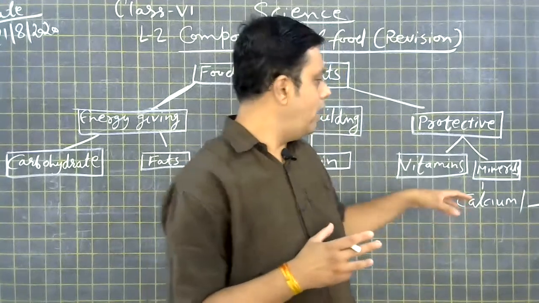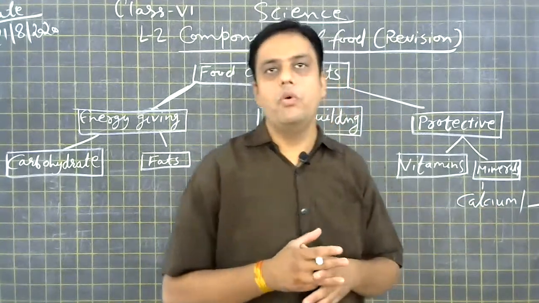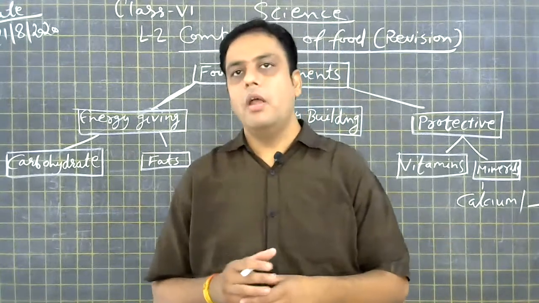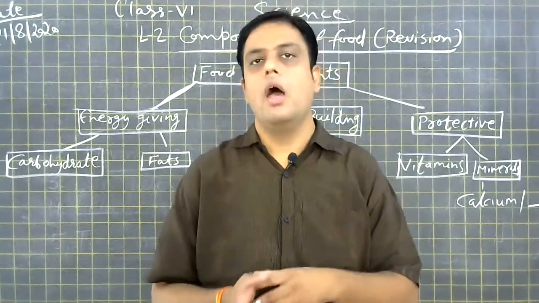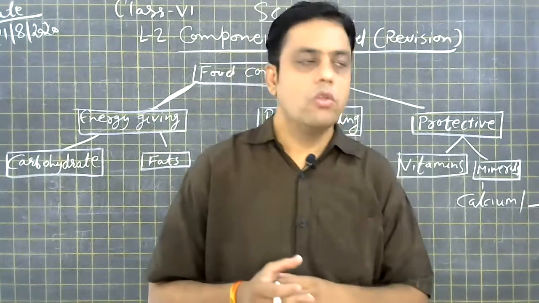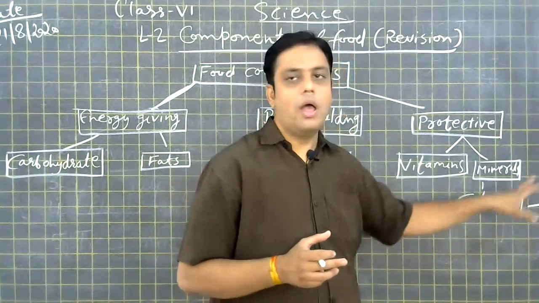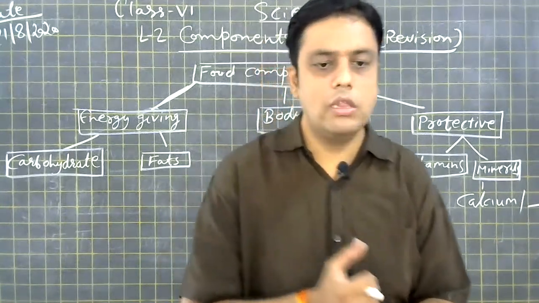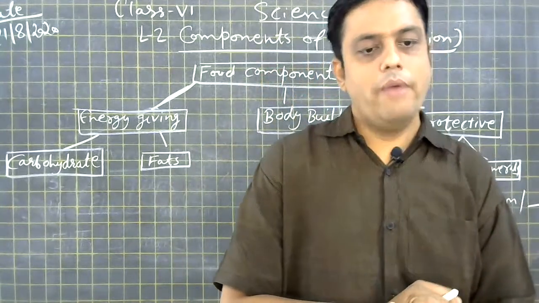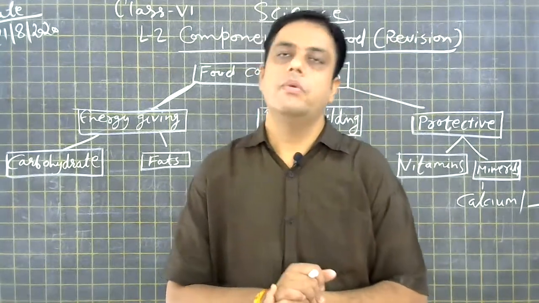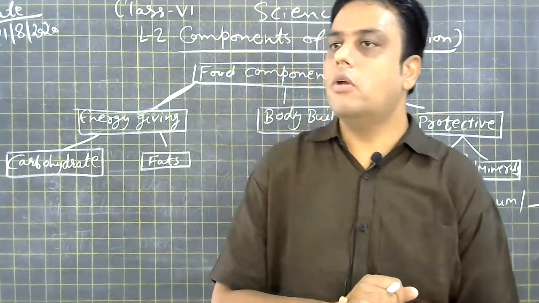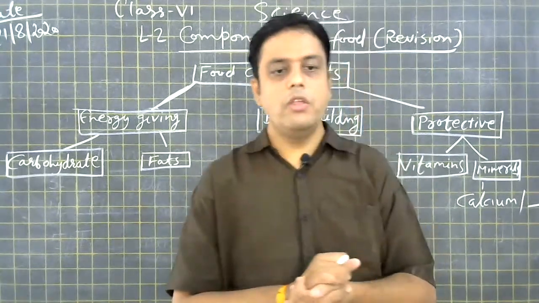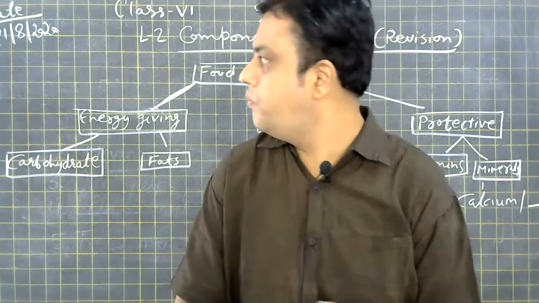If there is less calcium in our food, what happens? Our bones will be weak, our teeth become weak. So we need calcium for our bones and teeth. And we get calcium from which foods? Write in your comment box. We get calcium and phosphate from which food? Phosphorus from which foods?